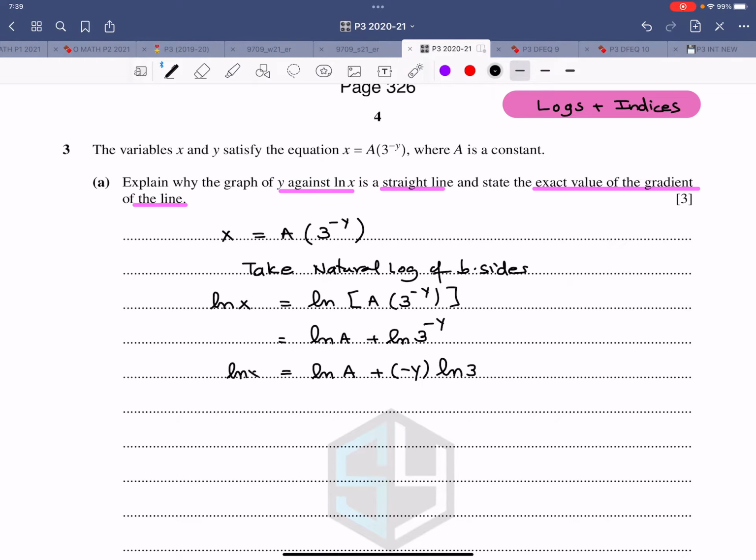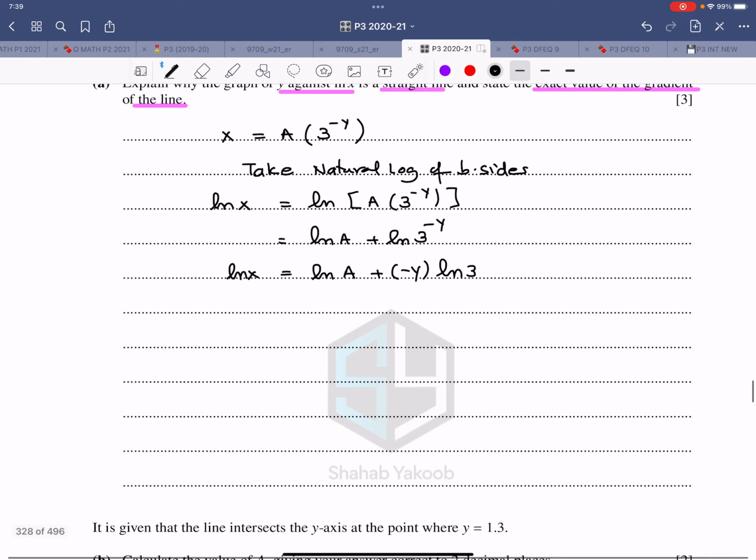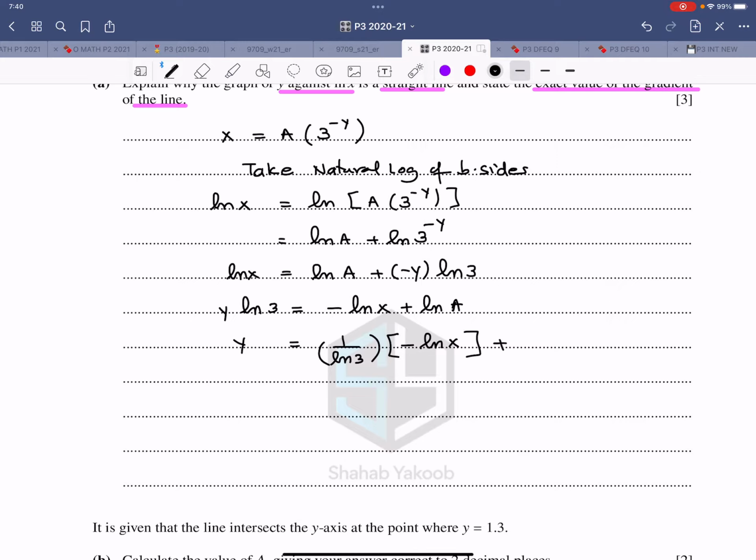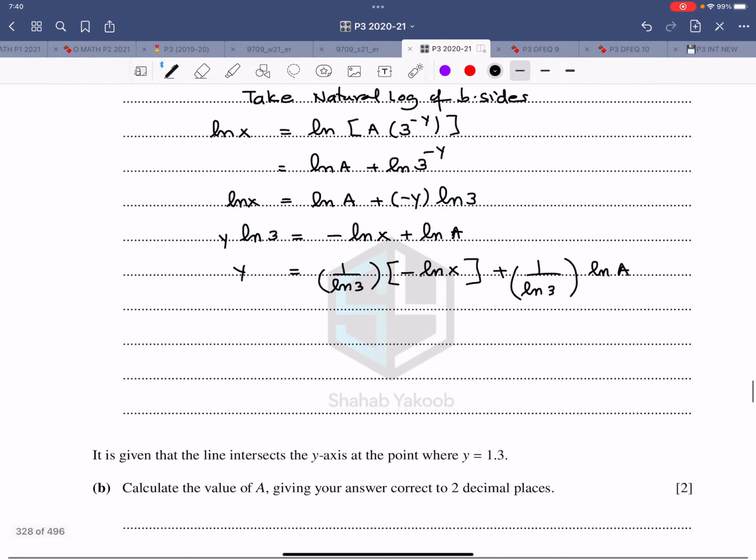Change the sides. y ln 3 equals negative ln x plus ln of a. And y equals 1 over ln 3 multiplied with negative ln x, plus 1 over ln 3 multiplied with ln of a. Got the idea? Now this is of the form y equals mx plus c.